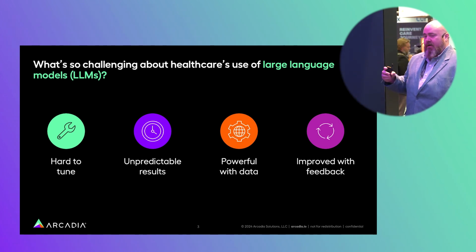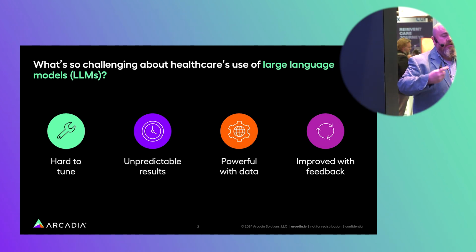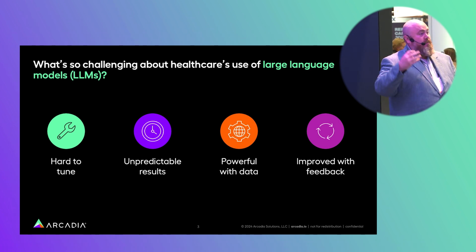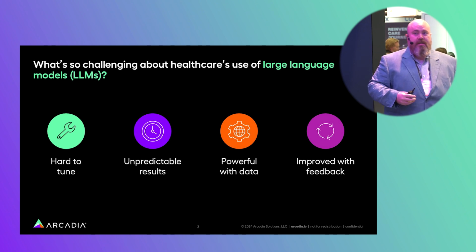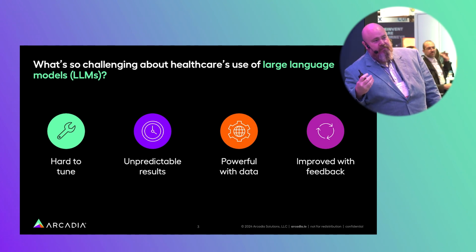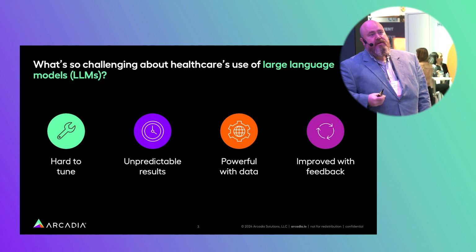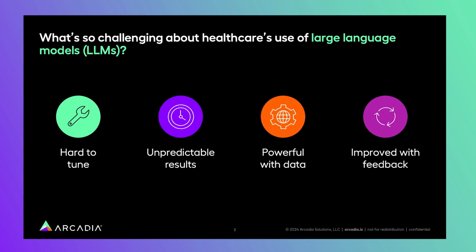Last thing I'll note is that they are improved with feedback. So if you build in a cycle into your use of the model, if you build in a virtuous loop, you're able to take user feedback, you're able to take users' actions, even something as simple as a thumbs up, and improve the outcome, improve the results over time. It's critical to think about that feedback loop as part of your design and use of the large language model.